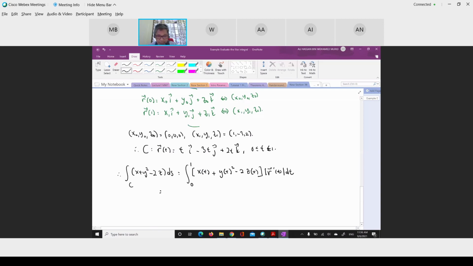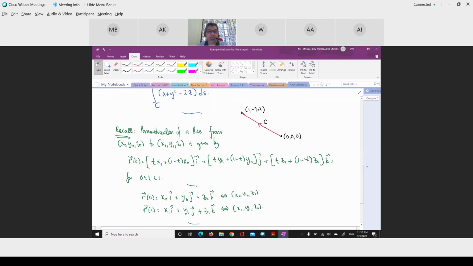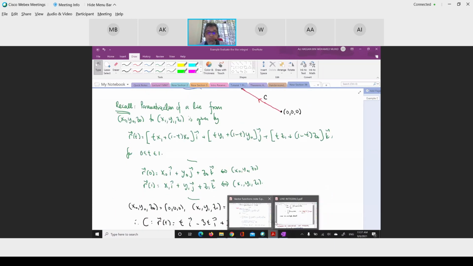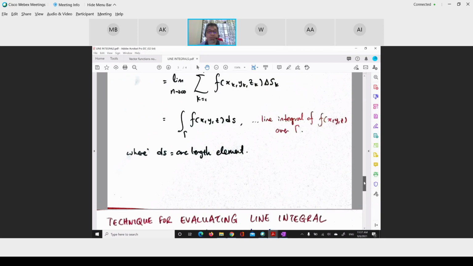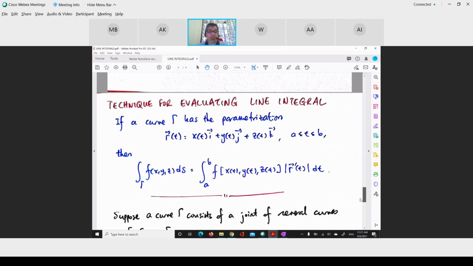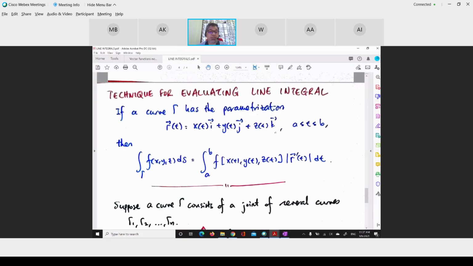Can you hear me? Yes, Doctor. Yes, what is x(t) here? Remember, the parameterization is x(t). According to this formula, x(t), y(t), z(t) are the components of the parameterization r(t).